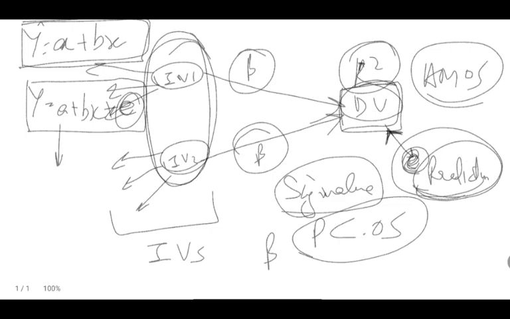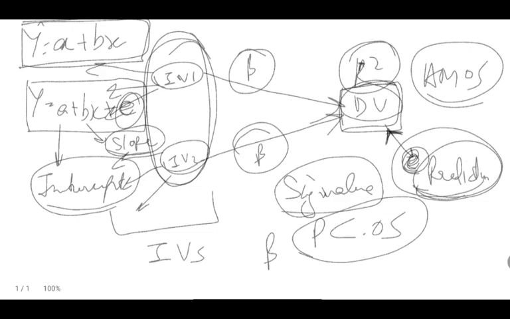As I told in my previous videos, a is the intercept, that is the value of y when x is 0, and b is the slope. Slope means how much change in y happens on changing 1 unit of x, that is the independent variable, right?